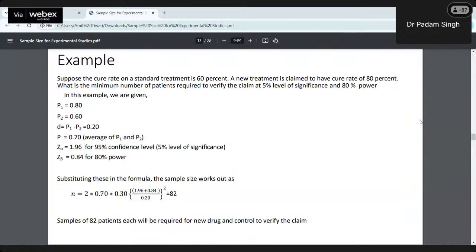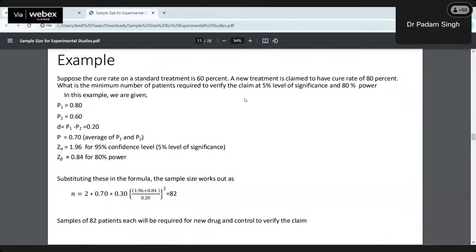Let me repeat. As per the standard treatment, the cure rate is 60%. There is a new drug जिसमें claim है कि भाई cure rate will improve to 80%. Now, one RCT is to be done. What is the minimum sample size required to test this with 95% confidence level and 80% power?